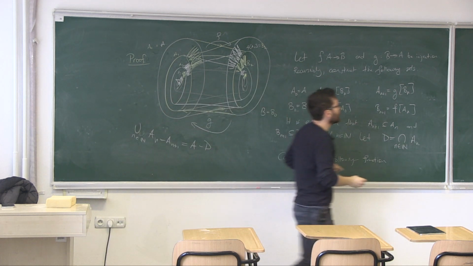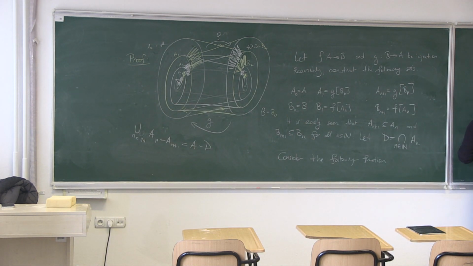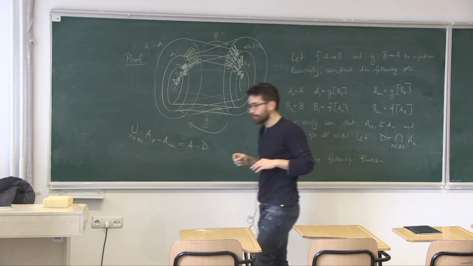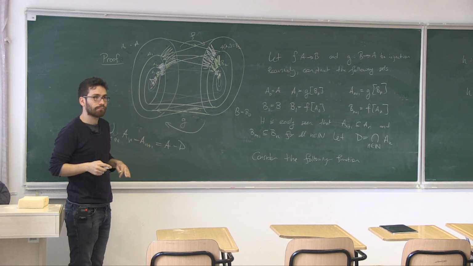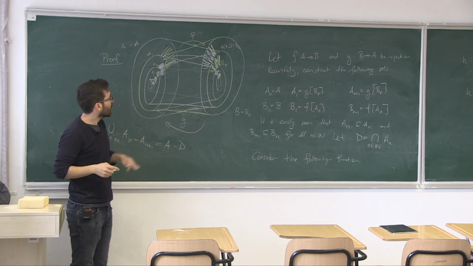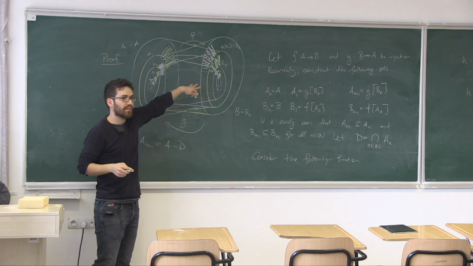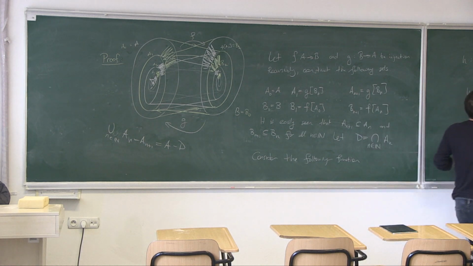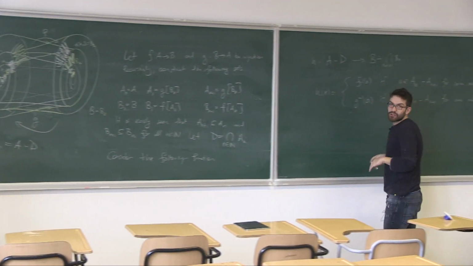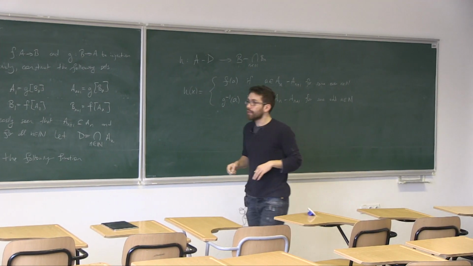Okay, so the domain of this function is all of A minus the intersection. Okay? What's the range of this guy? Just by looking at this picture, you should be able to actually tell me. It's going to be B minus the intersection of these guys. Okay?